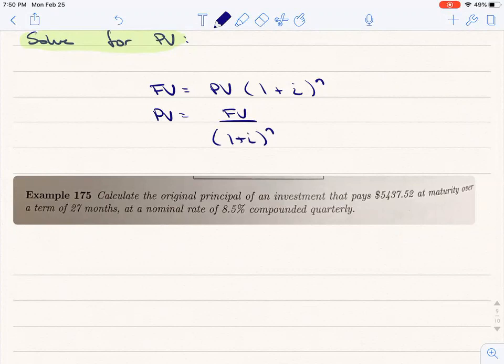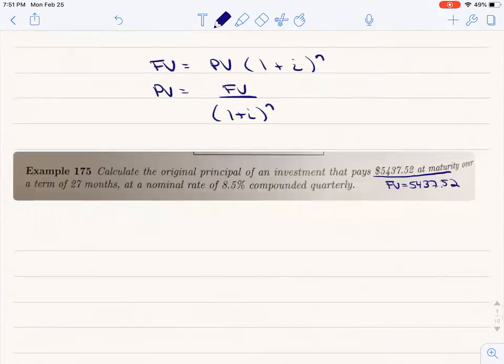Okay. What this is saying is that the future value is $5,437.52 over a term of 27 months at a nominal rate of 8.5% compounded quarterly.